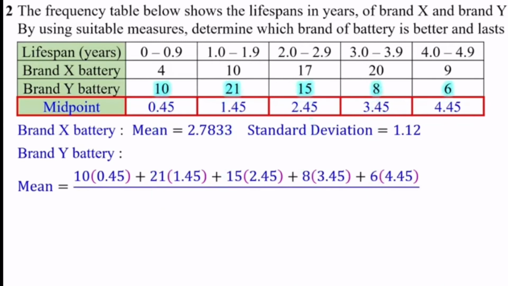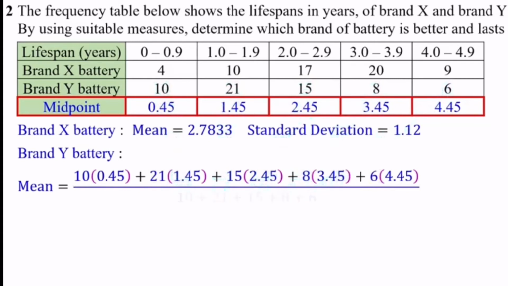All the ones that I highlighted in blue are the frequencies for brand Y battery. So let's add all together: 10 plus 21 plus 15 plus 8 plus 6.